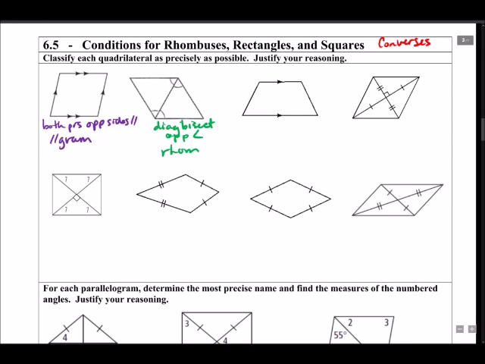All right, and what do we have here? We have one pair of parallel sides. Only thing that does that is a trapezoid, which again is not a rhombus, rectangle, or square, but that's okay.